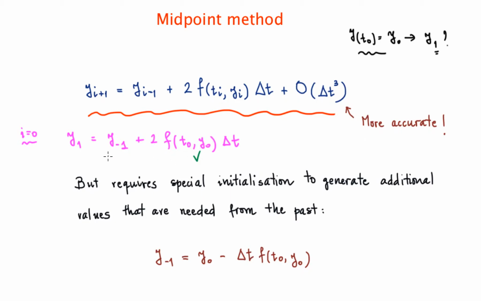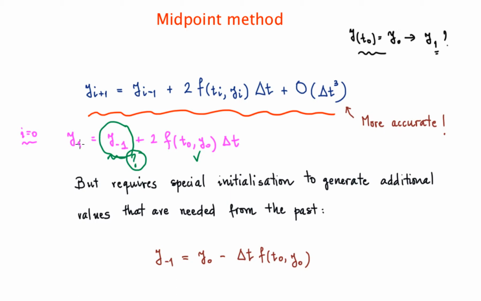That's okay. But the thing is that we don't know the value of the y function evaluated at minus 1. So when we initially apply the method, it brings us this trouble: we need to know the value of the y function evaluated at the previous time, minus 1.